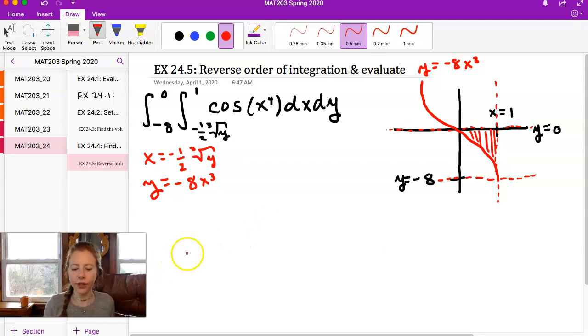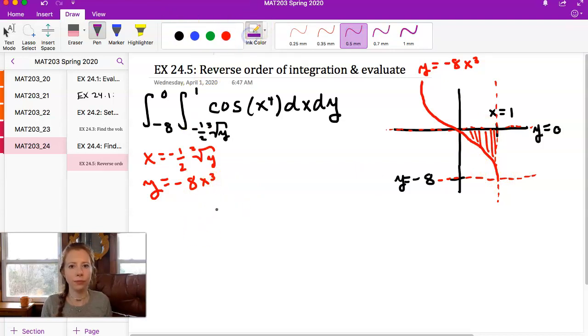So now we have to go ahead and switch the order of integration. For X, you can see that we're going from 0 to 1. And for Y, our lower limit is -8x cubed, and our upper limit for Y is Y equals 0, since we're shaded in this region right here.